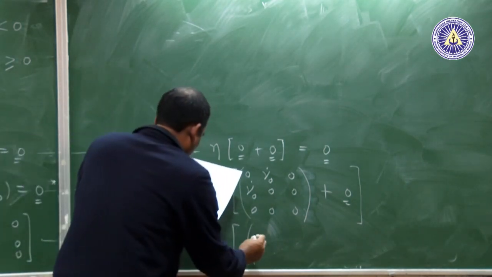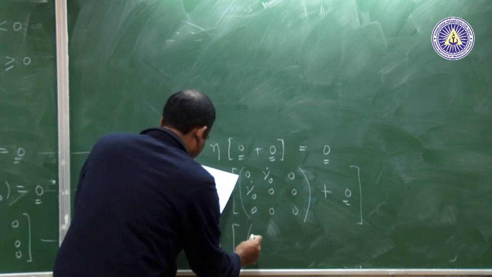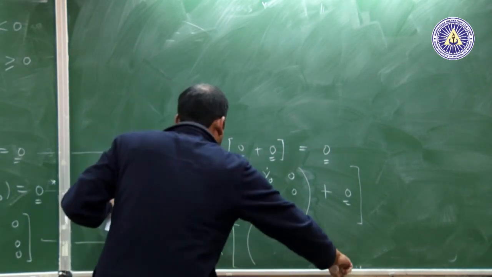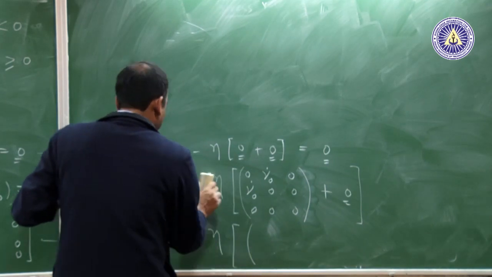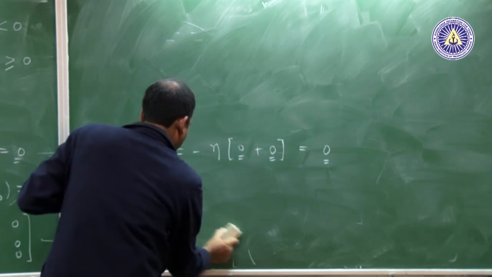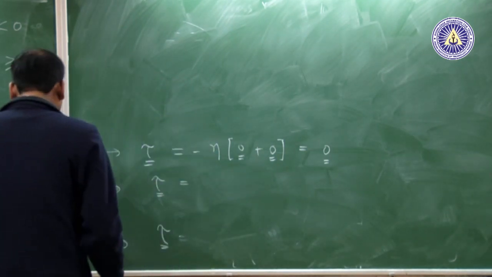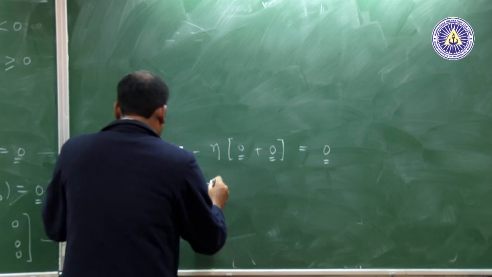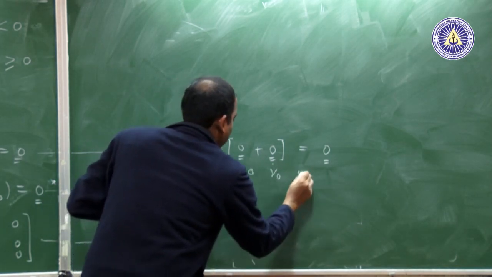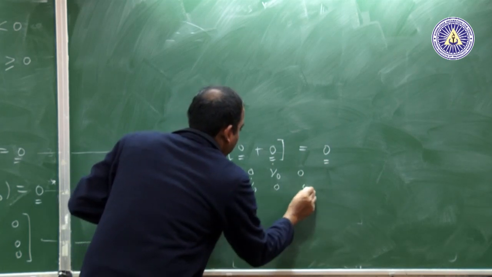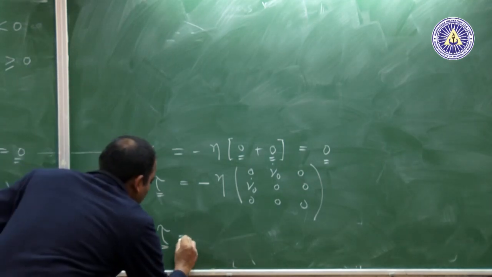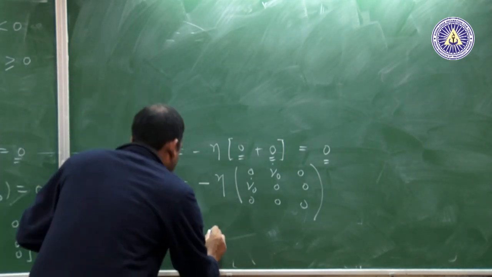Both the terms will of course contribute, because both the terms are now non-zero. So, if I can write the final result, you got the picture. So, I will just write the final result here, and this would be minus eta and here this would be minus 1.8 eta.